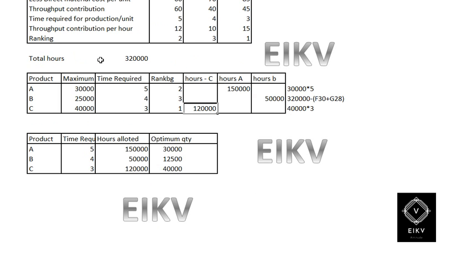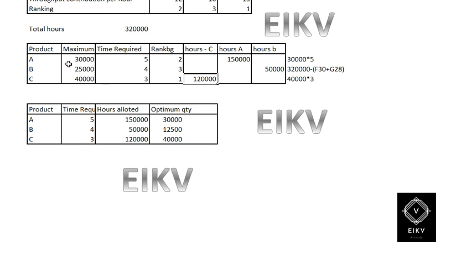In this illustration we have a total of 3,20,000 hours. I have made another table to compute the optimum mix, with the product, maximum units, time required, ranking, and hours. The products are A, B, C, and the maximum units taken from the question are 30,000, 25,000, and 40,000, with time required of 5, 4, and 3.